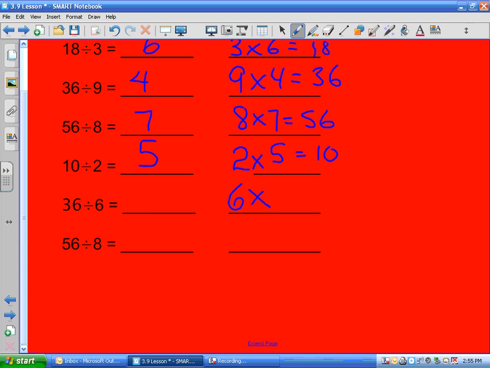It's hard when you're not really great at multiplication tables. All right, so ask a friend. Or do you think you can figure it out? 7. Close. That's one too many. There you go. So that means this answer is 6.